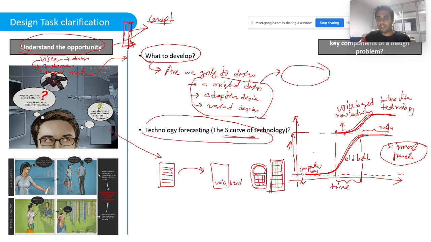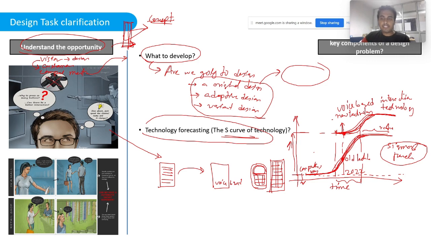So this is the point, around 2022, where we have both the tactile button interface and the voice based one. Now a designer needs to look at the scenario. If we see here, the voice-based interaction has not reached maturity yet, and it is still evolving, whereas the keypad-based, button-based interface has already reached a peak technology level.